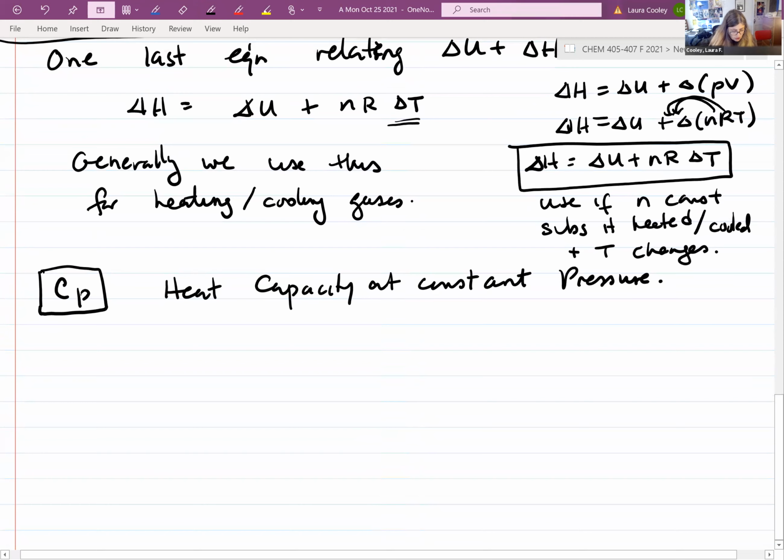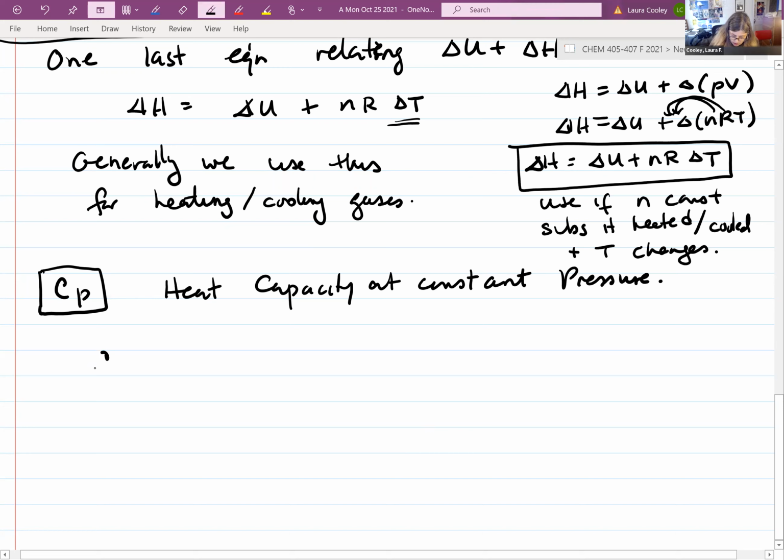Anyway, CP shows up in a lot of problems where a substance is heated at constant pressure and, like I said, results in a temperature change. Okay, so before I do a problem, I want to talk about the heat capacity at constant pressure.